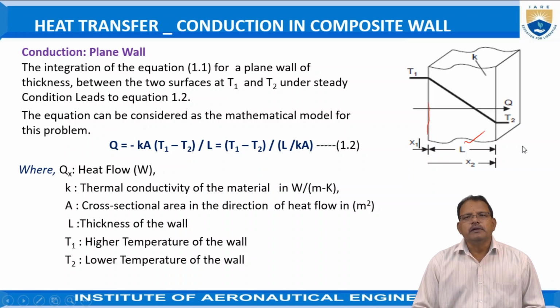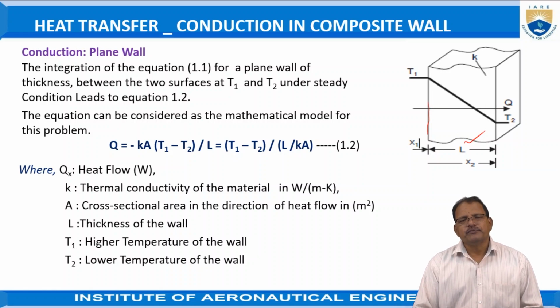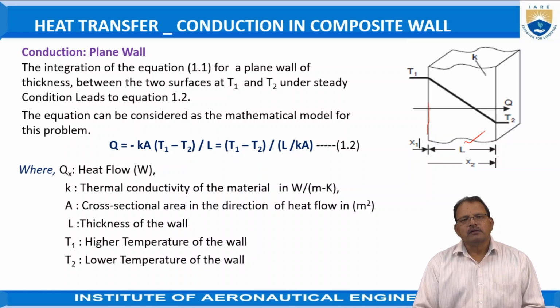That energy it may receive by the convection process or the radiation process. Then the heat energy flows from the inner surface to the outer surface, that is, across the length, by the conduction process. After that the heat energy is dissipated to the outside, generally the environment, by convection as well as the radiation process.